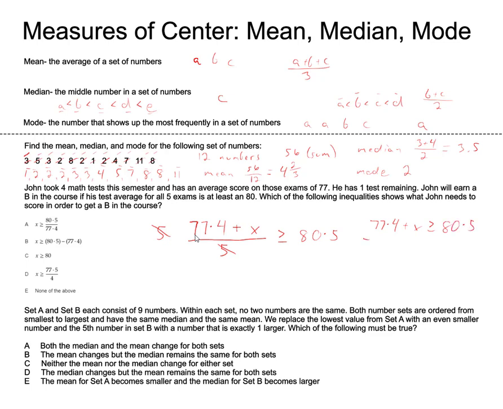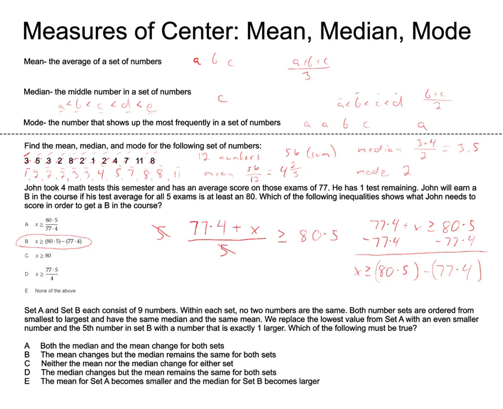Now we're going to subtract 77 times 4 from both sides. That will leave us with x is greater than or equal to 80 times 5 minus 77 times 4. And we can see that this is in fact answer choice B.